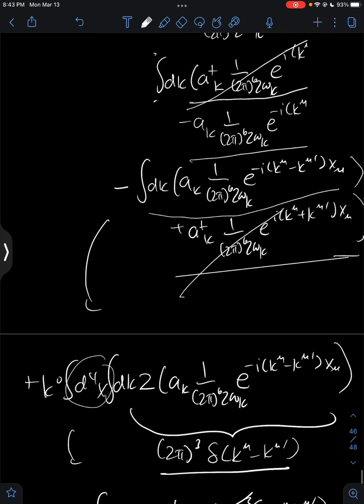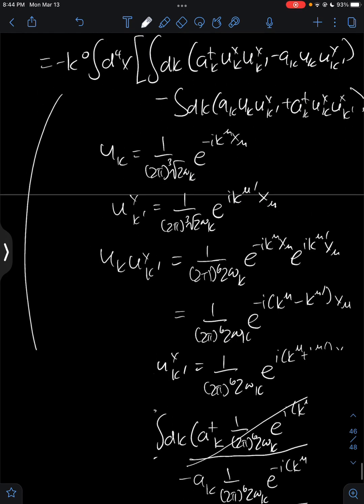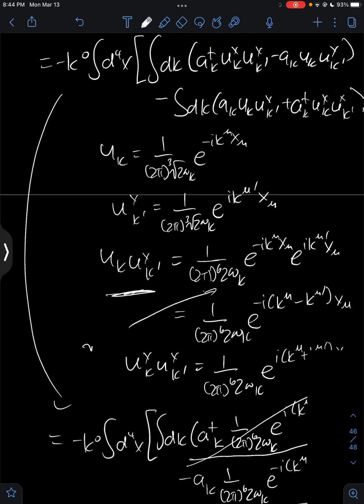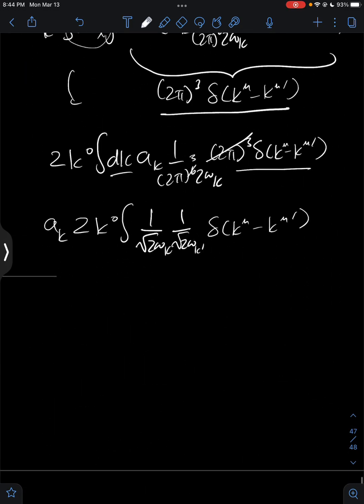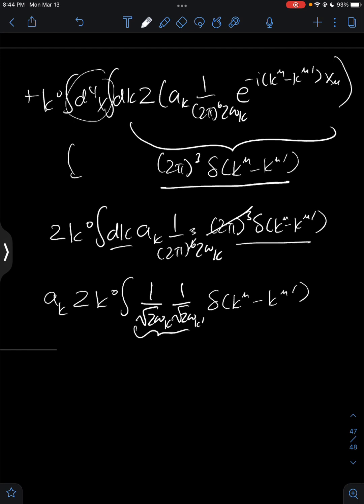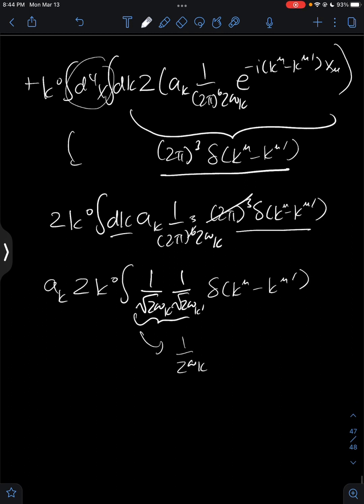So here, for example, this should technically have been square root of 2 omega k, square root of 2 omega k prime, but we already combined them because we knew in the future that they would be equal to each other. So we would have had that left over, but we just went ahead and called it 1 over 2 omega k, right? But basically, if we were to be more correct, we would have this as a result.